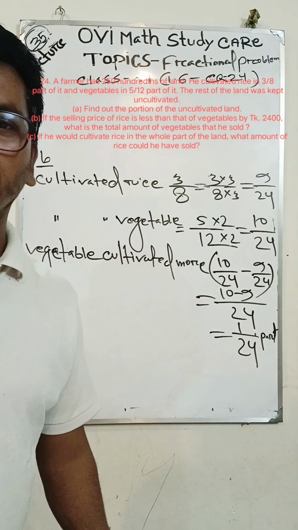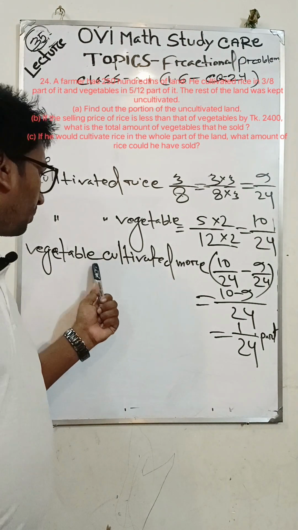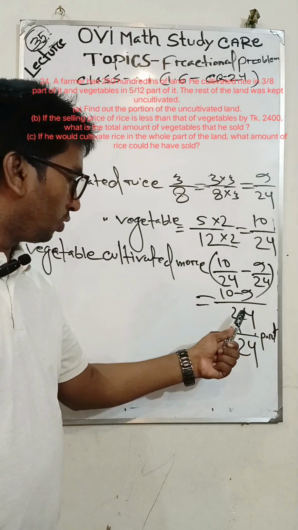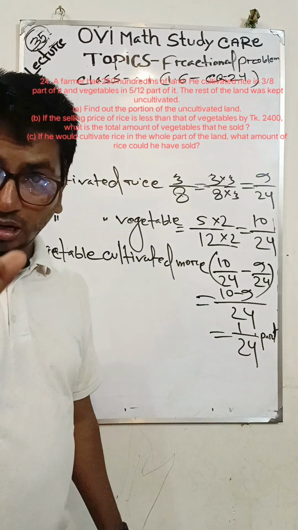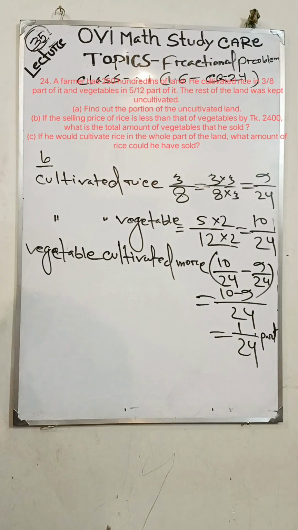In the question it has been given that the vegetable is sold 2400 more.